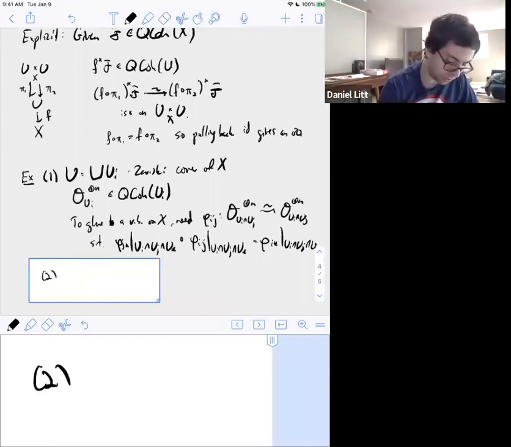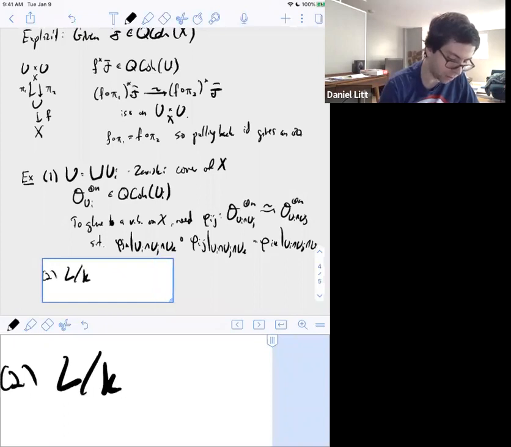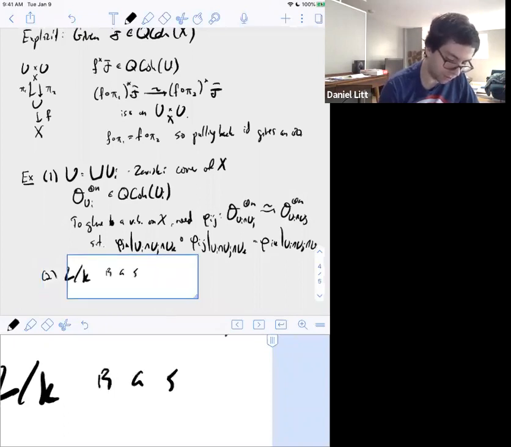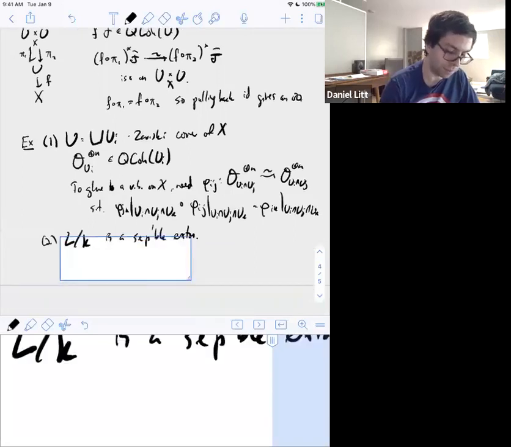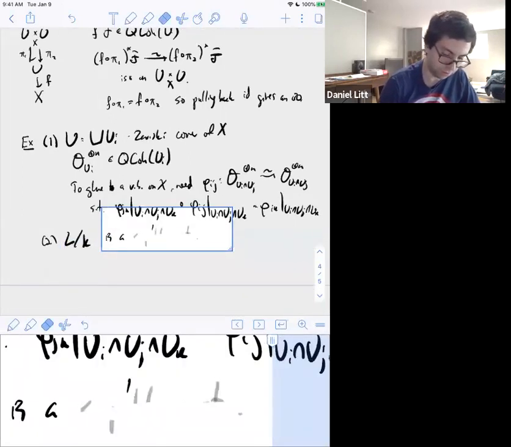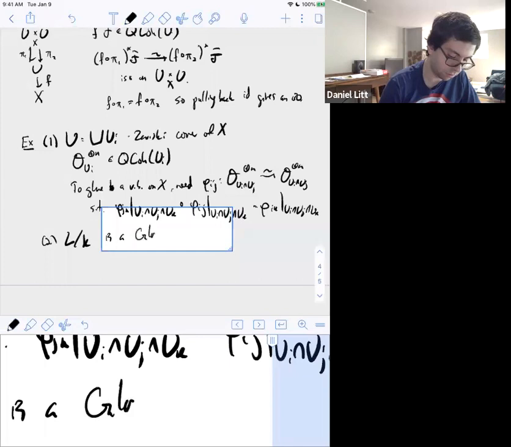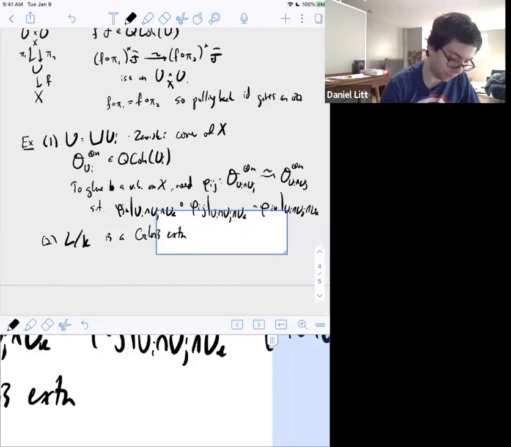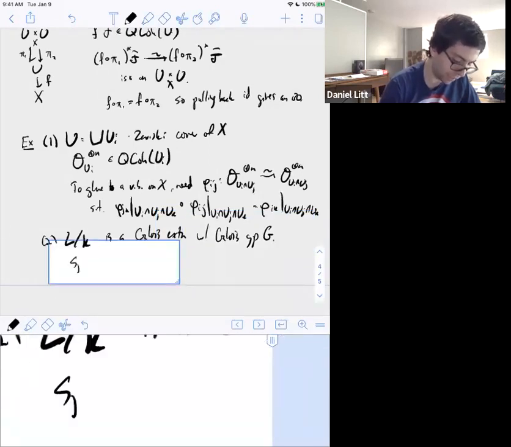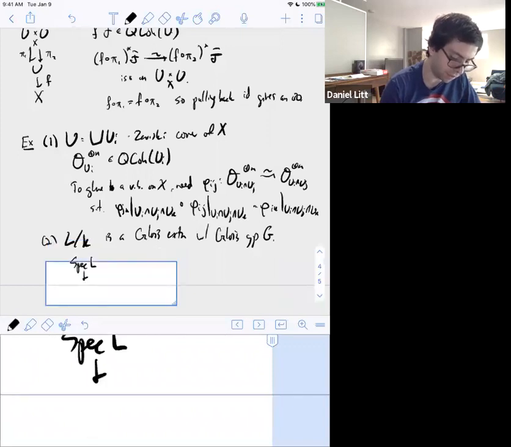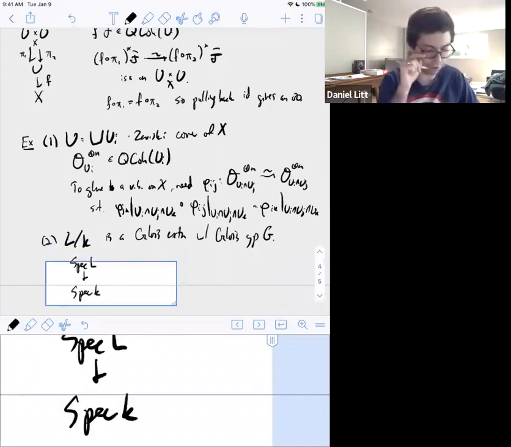So example 2, let's suppose that L over K is a separable extension. So maybe let's even make it a Galois extension with Galois group G. So then we have spec L maps to spec K. This is certainly an étale cover.